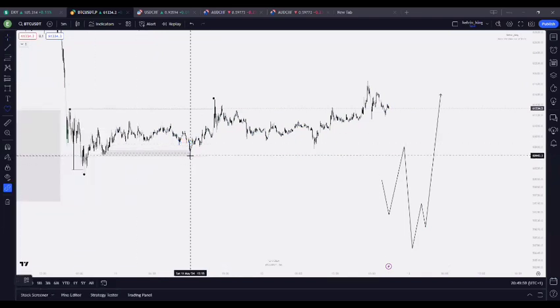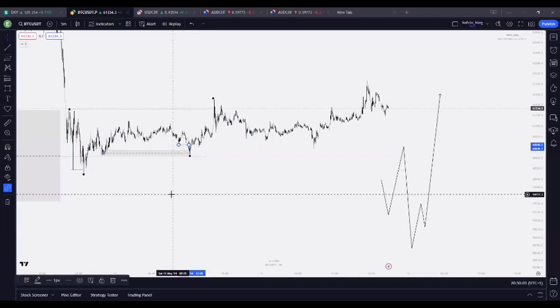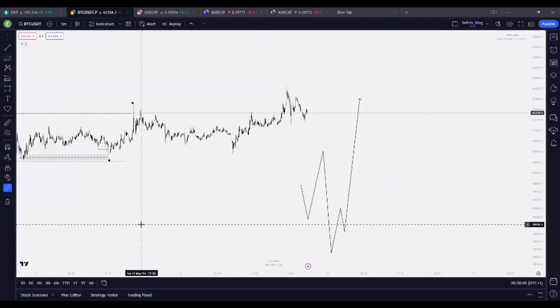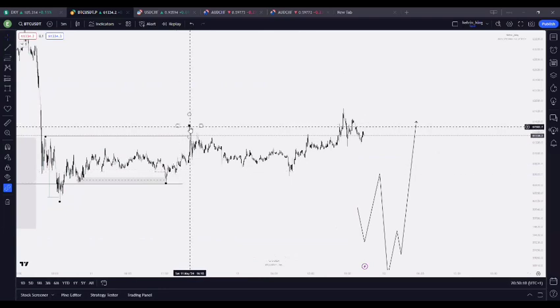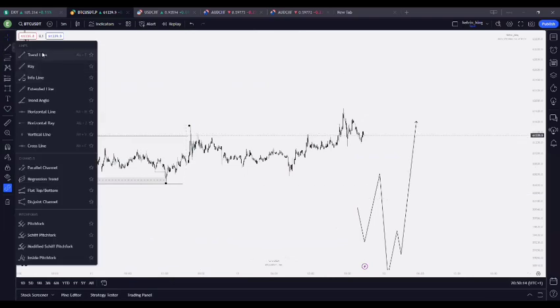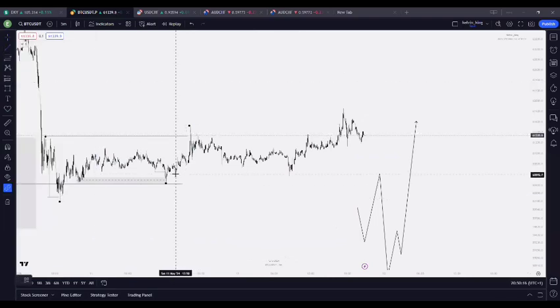I mark it out, a sweep, and here we've got a pullback that created this high. Now that pullback becomes the inducement for that area. I'll place my trade around that entry, that inducement zone.